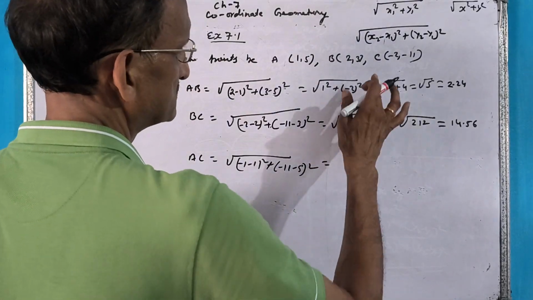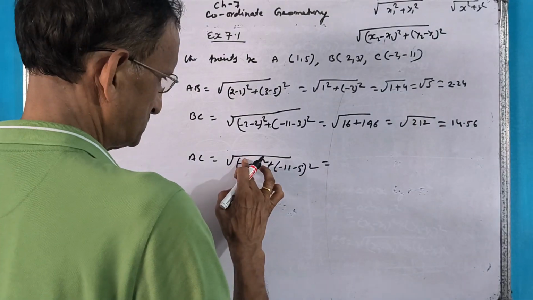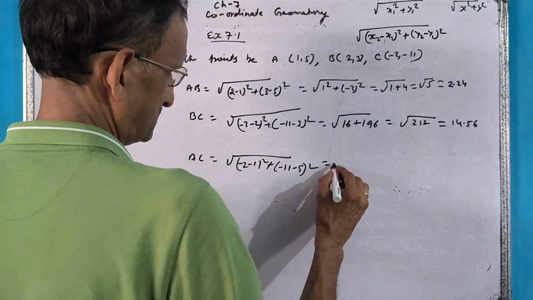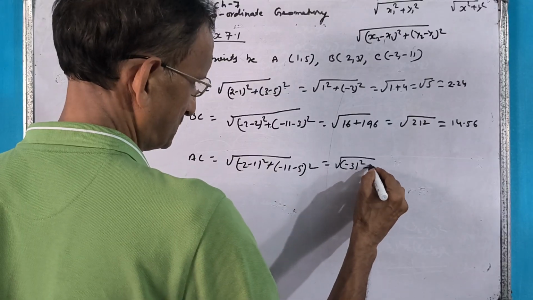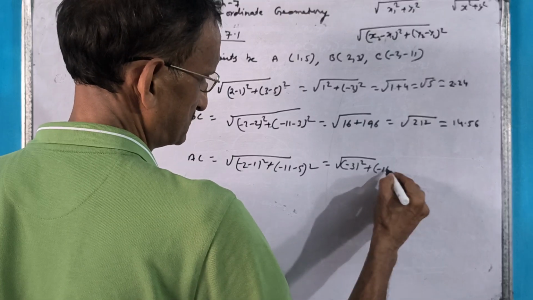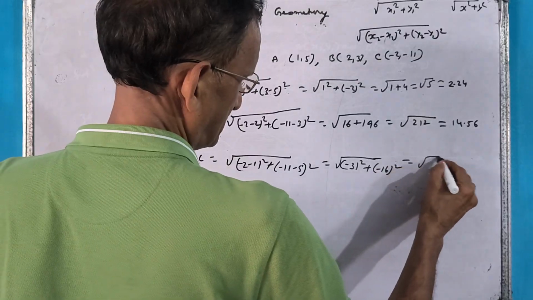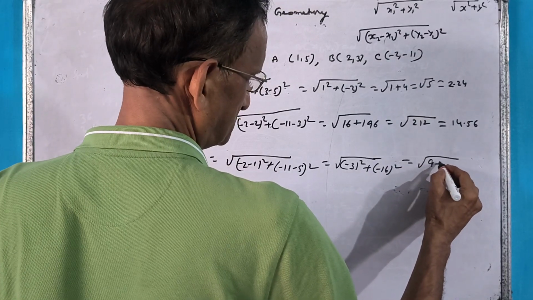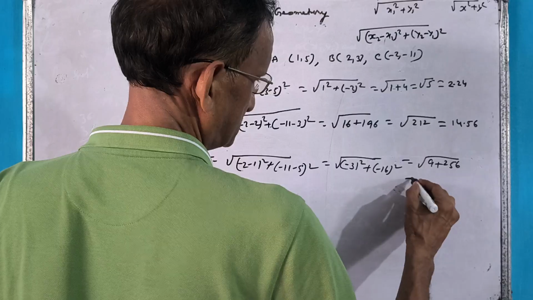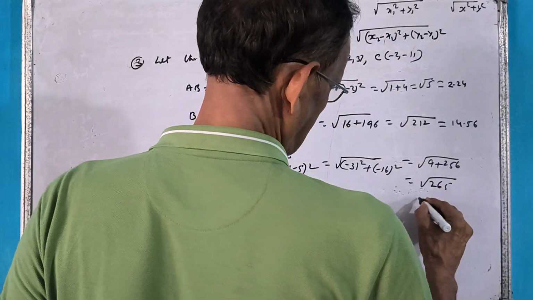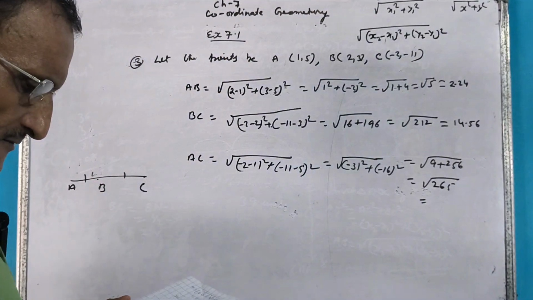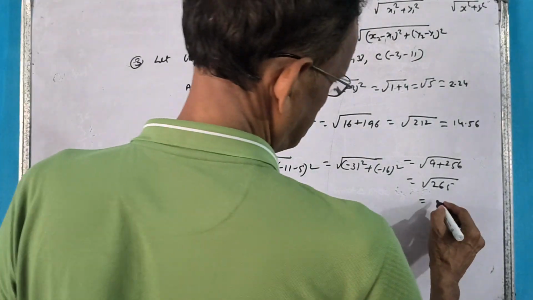What have you written? -2 minus 1 is -3, whole square, plus (-16) whole square. So 9 plus 256, how much will you get? 265. Approximately, you will calculate 16.25.